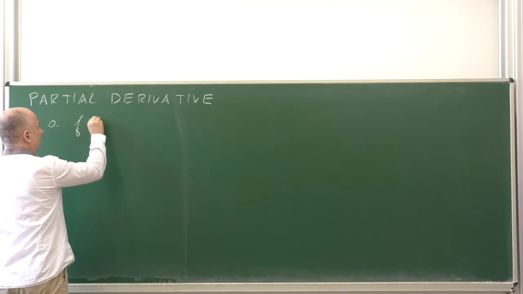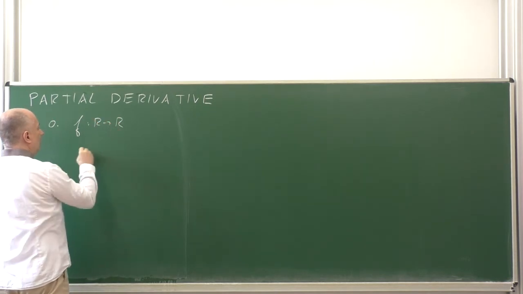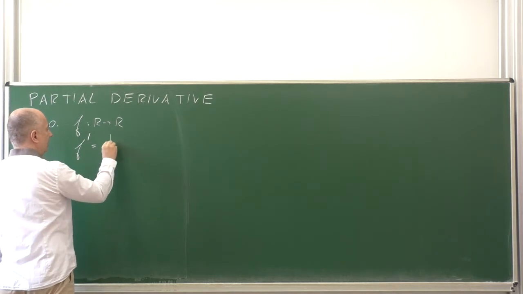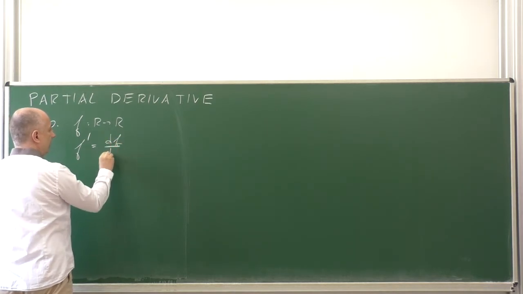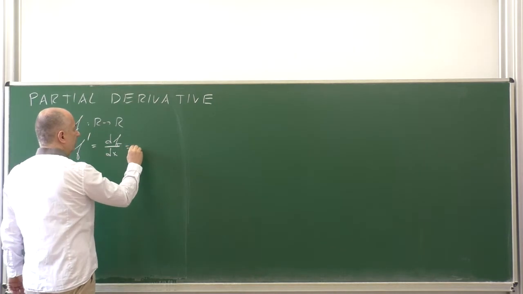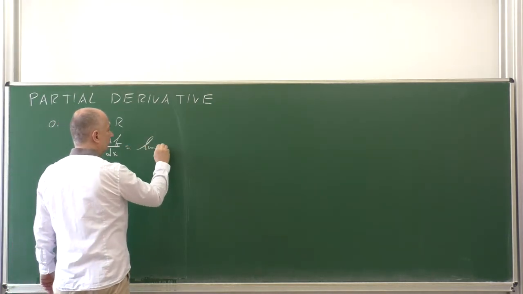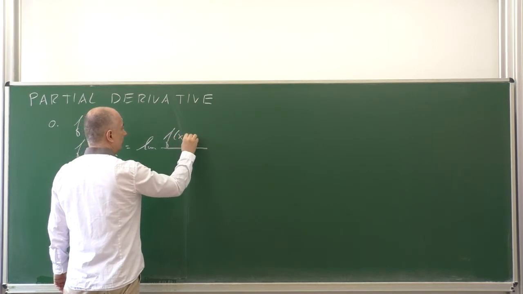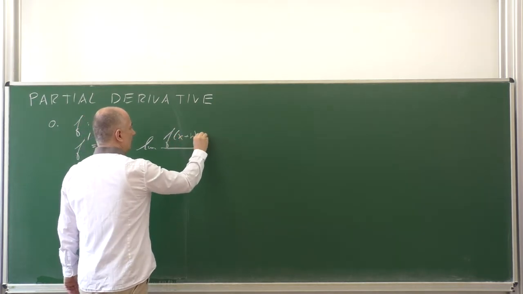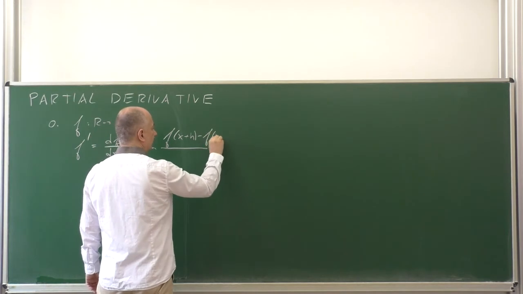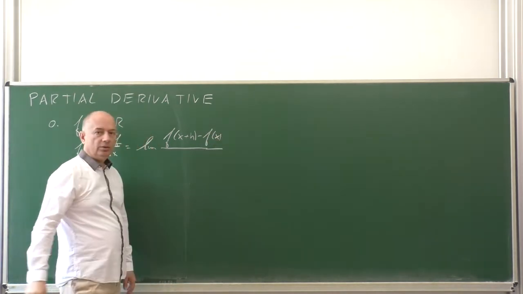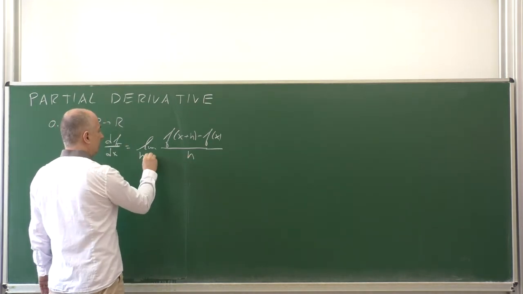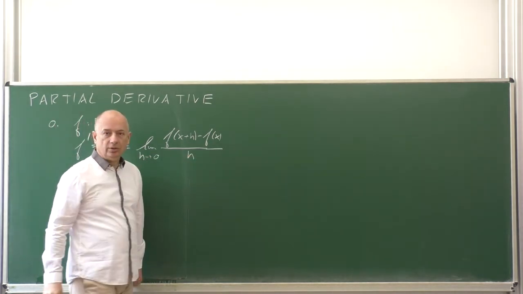f from R to R, we can consider the derivative denoted by f prime or df dx by the limit when we consider the function value at the new point x plus h minus the function value at the old point x, divided by h, and the limit for h going to 0.